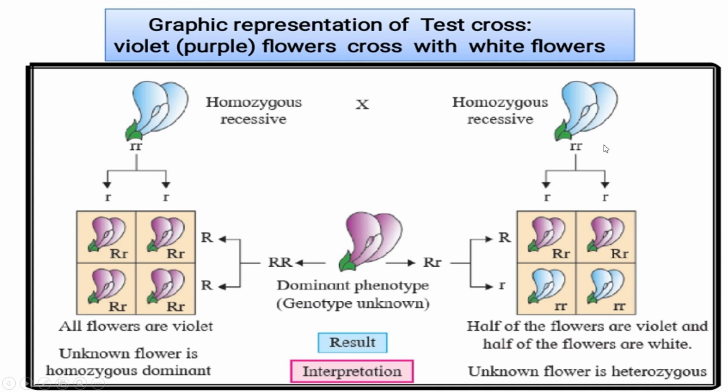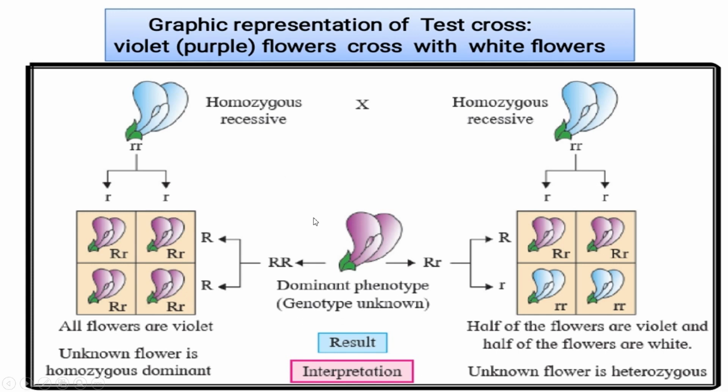If we cross them, we can calculate whether the plant is pure or homozygous. And if we get violet and white flowers in equal manner, a 1:1 ratio, then we can conclude the plant is heterozygous.